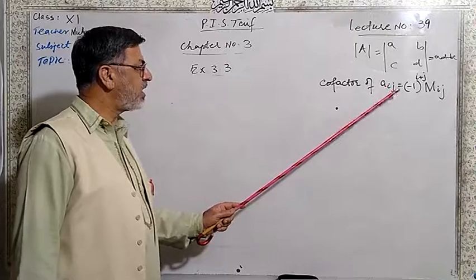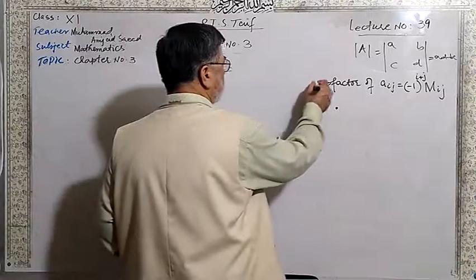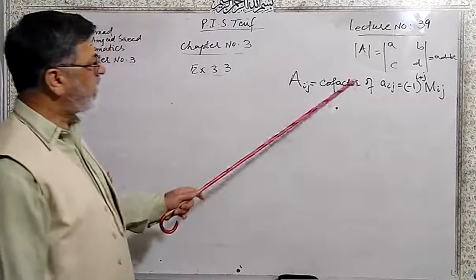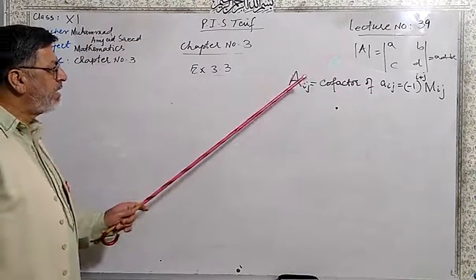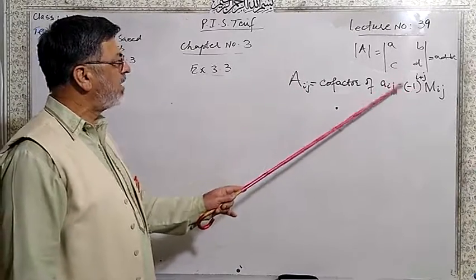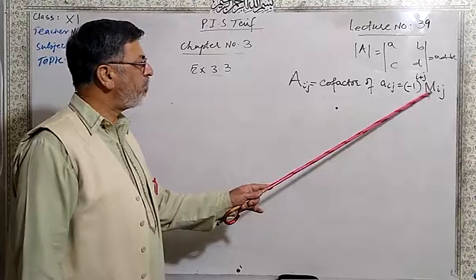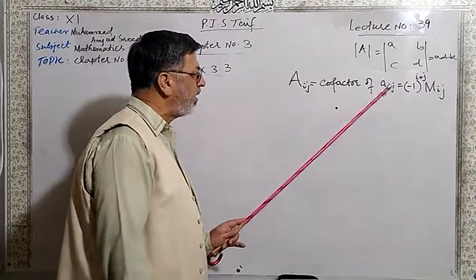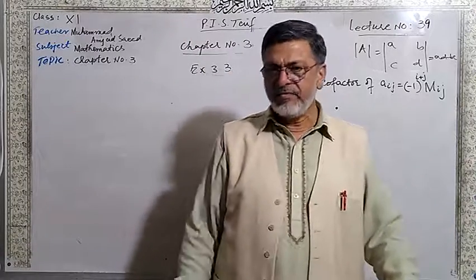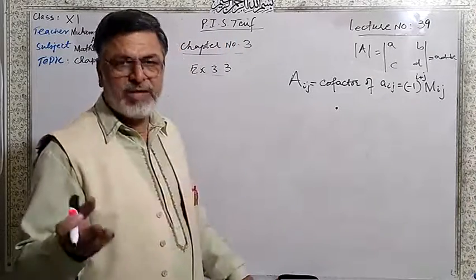Ith row, jth column. Usually cofactor of Aij is denoted by capital Aij, that is equal to minus 1 power i plus j. i plus j means row plus column. Mij is the minor of Aij. Minor means leaving the row and column of that number, which is always done in the determinant solution. We are using this result.